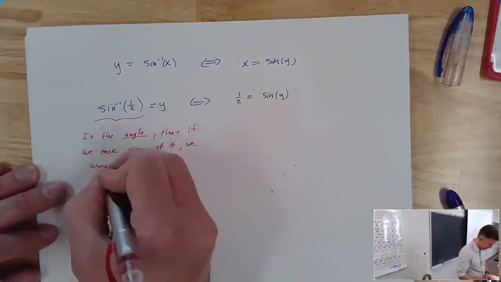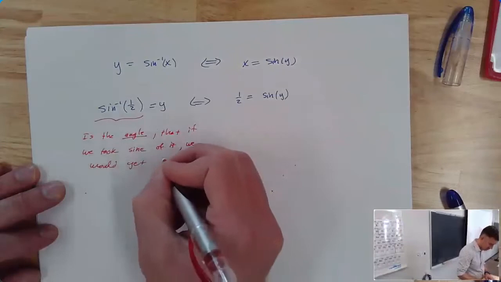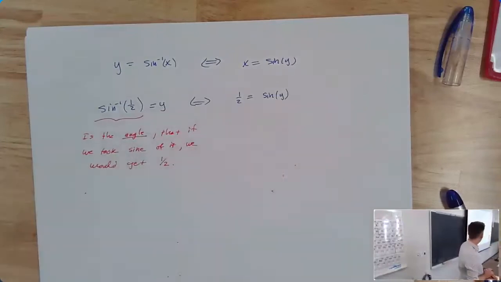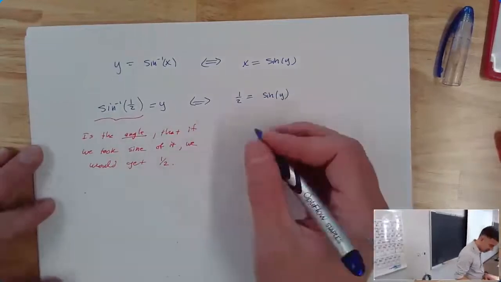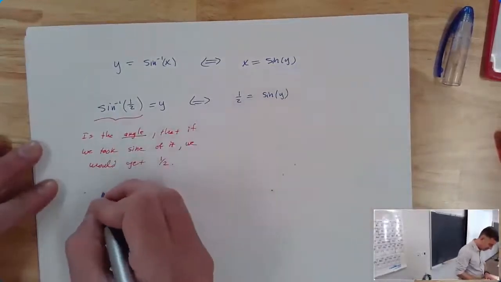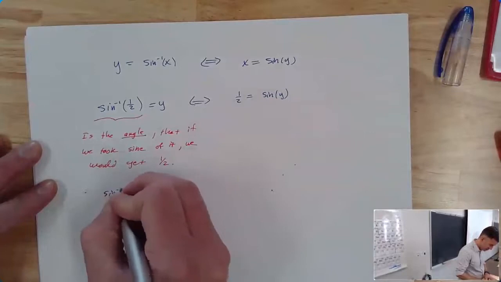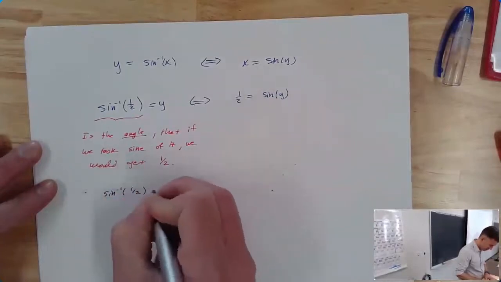Which I know is a lot to write out, which is why I usually just think of it. What angle can you take sine of and get 1/2? Yes, pi over 6. So here, the inverse sine of 1/2 is equal to pi over 6.